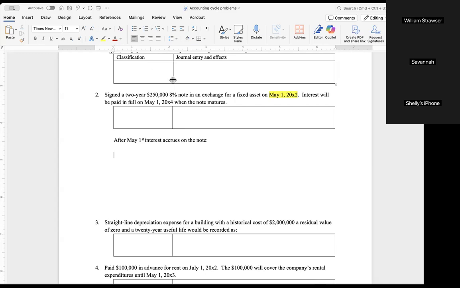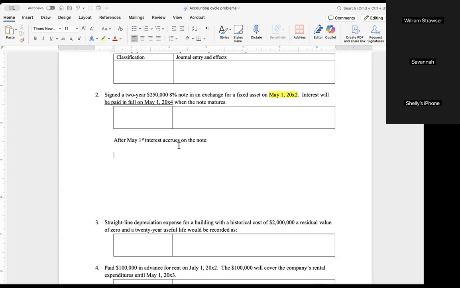But it might be the case that there are some months for which we haven't paid interest yet. And in this case, since we're paying all of that interest way in the future, we're not going to have a moment where we debit interest expense and credit cash, even though interest expense should be accrued. I'm going real slow, talking about the concept of why we're doing what we're doing. Does that make sense?